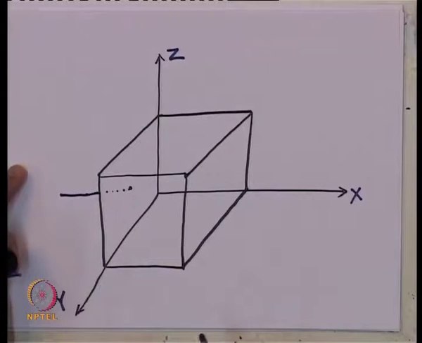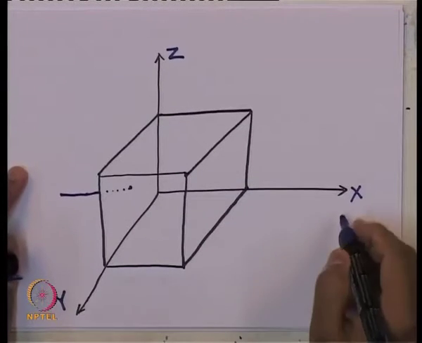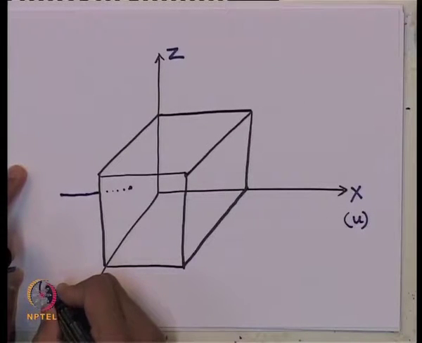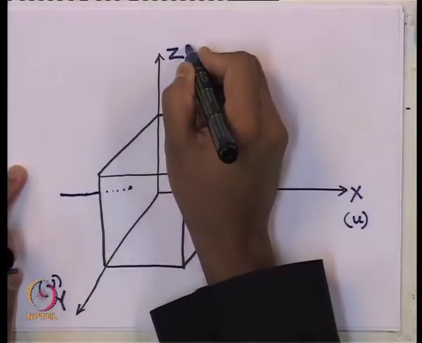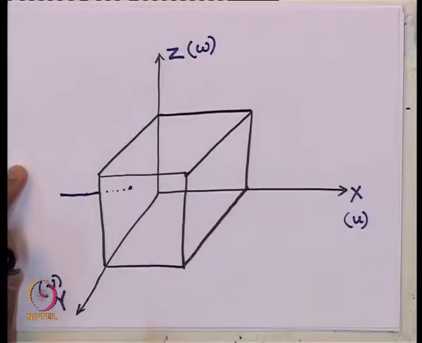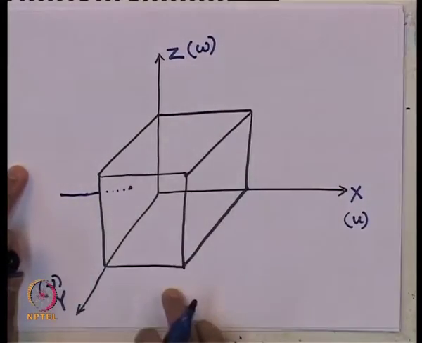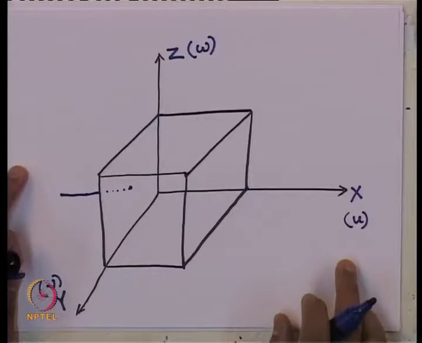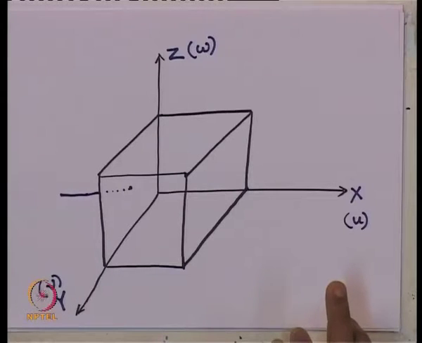When waves are traveling through this element, what happens correspondingly? The particle velocity in x direction is, let us say, u, in y direction it is v, and in z direction it is w. So, what are u, v, w? The corresponding displacement of the particle because of the movement of the wave.